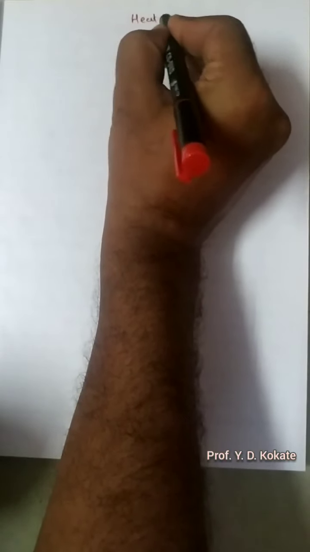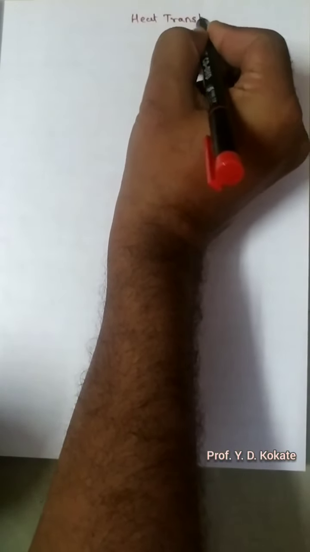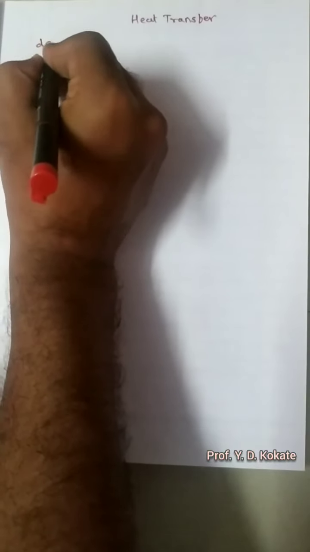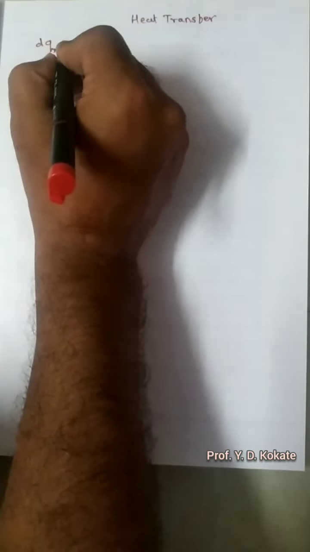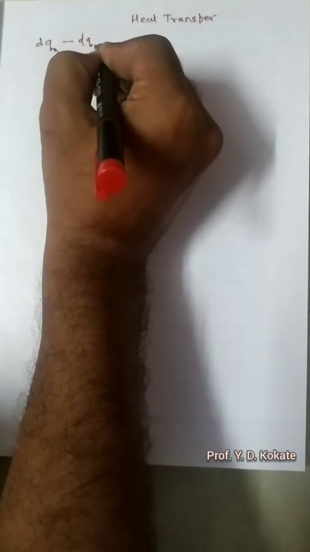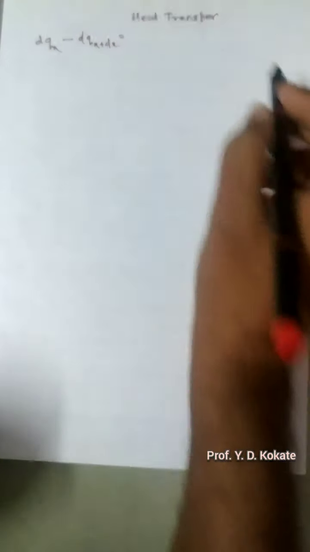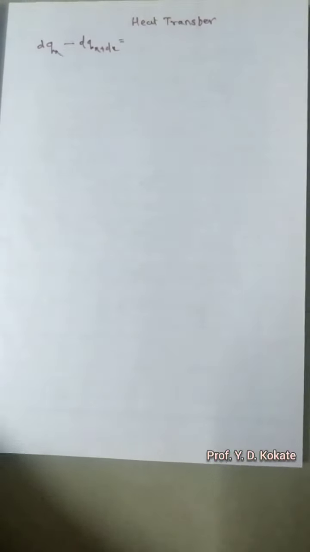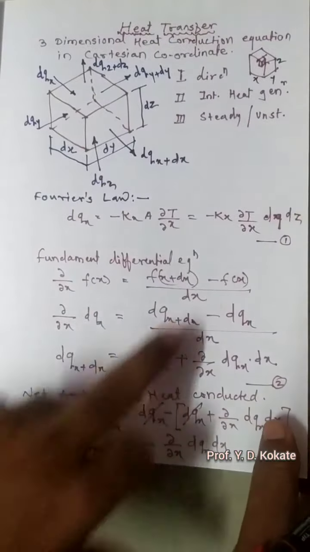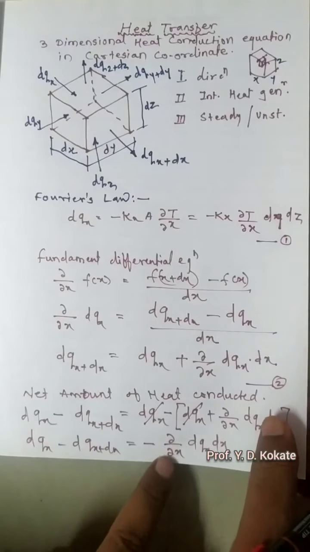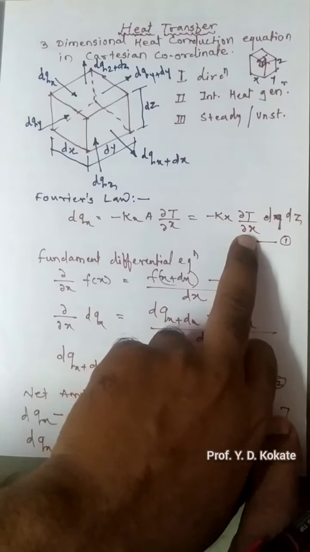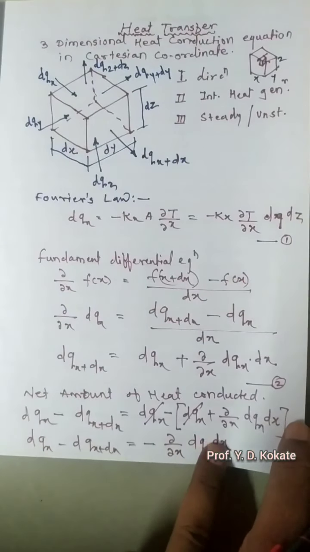Heat transfer dqx minus dqx plus dx will become, putting in this value, minus minus becomes plus ∂/∂x of this whole value, kx ∂T/∂x dy dz dx.